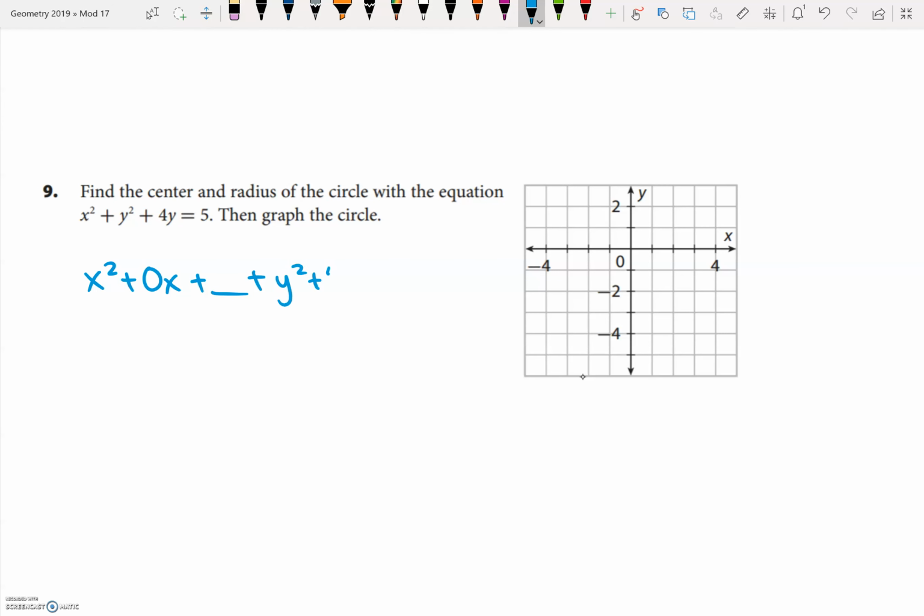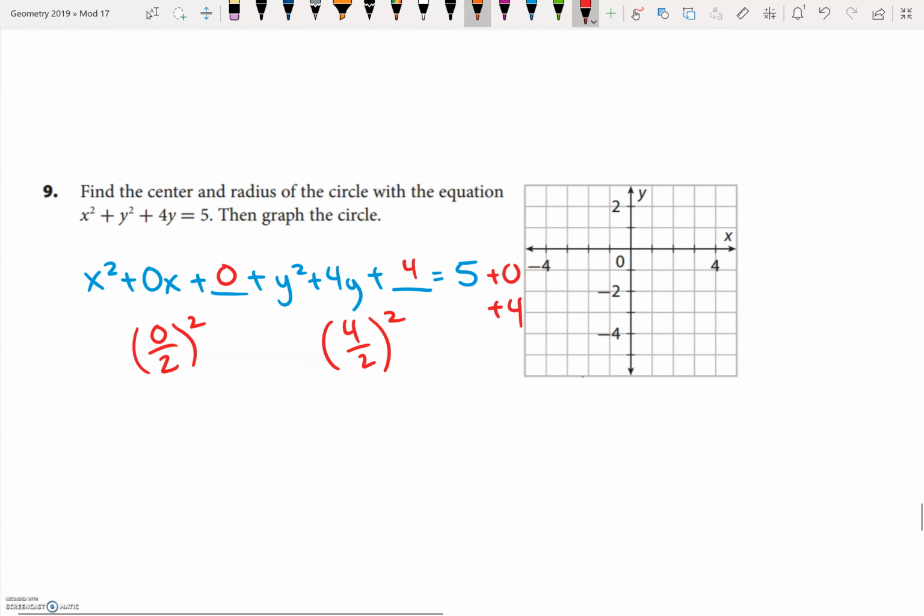Half of 0 squared and half of 4 squared. Half of 0 is 0, 0 squared is 0, so we're going to add 0 onto both sides. Half of 4 is 2, 2 squared is 4, so we're going to add 4 to both sides. And then we could say, well, this is going to be x plus half of 0, which is 0, and this is going to be y plus 2.